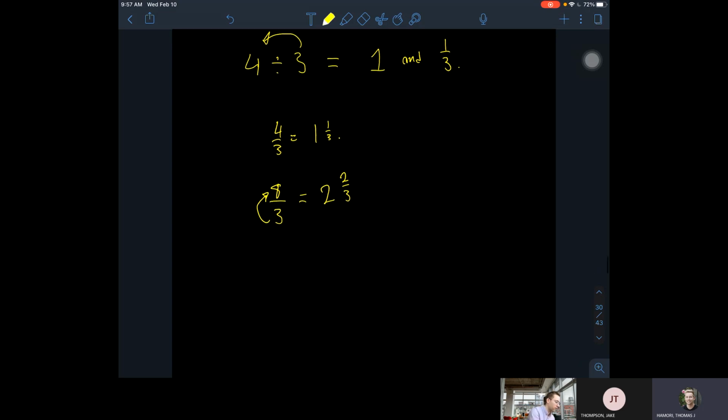Okay, so when we have this f of x divided by d of x, we check first how many times does d of x go into f of x evenly? That's q of x. And then what do we have left over, divided by our divisor.